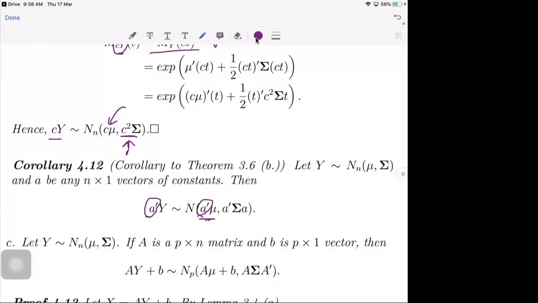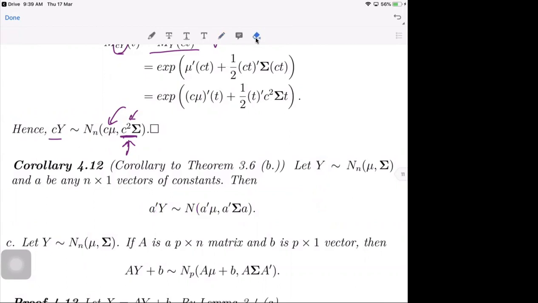And the c squared sigma, if it is a vector, will be a prime sigma a. No? Because this one is a scalar. So if you pre-multiply by a vector, the sigma will become a prime sigma a.